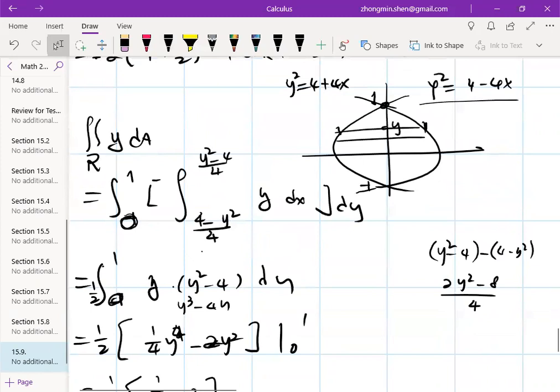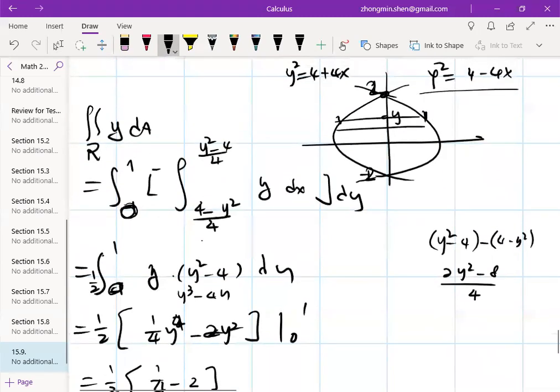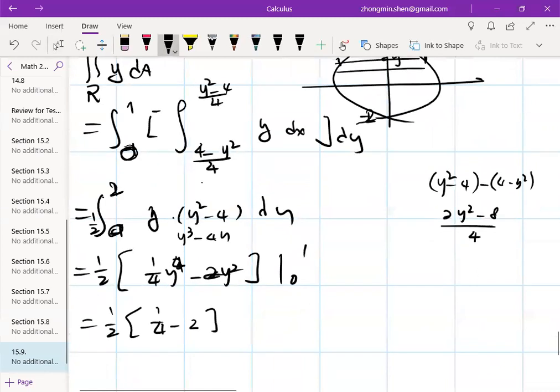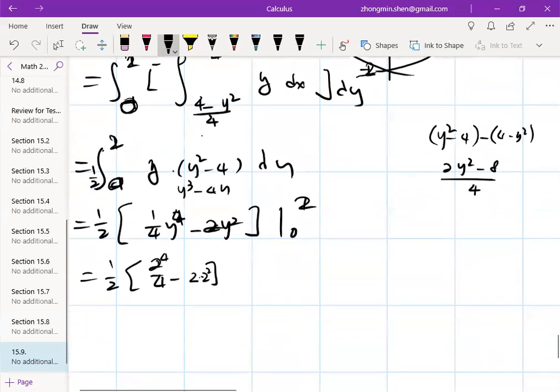Oh no, it's 2. I forgot this. It's from negative to positive 2. When x equals 0, y is between 0 and 2, so that's 2. Otherwise there'll be a problem here. Then everything's correct. So it's going to be 1/2.